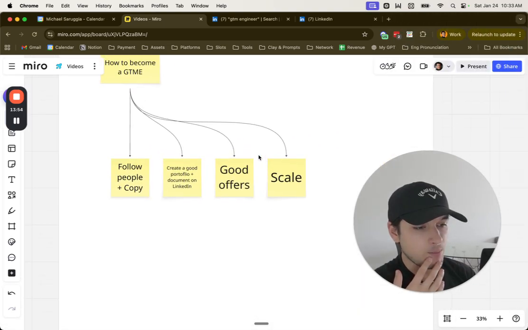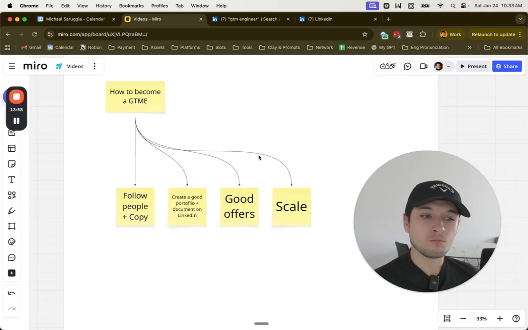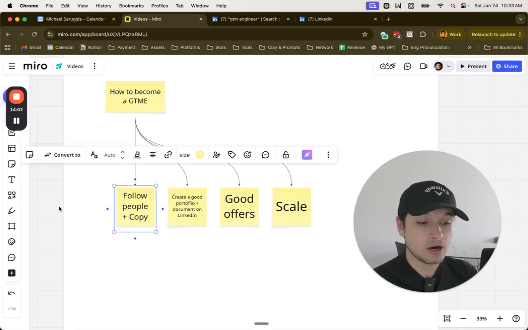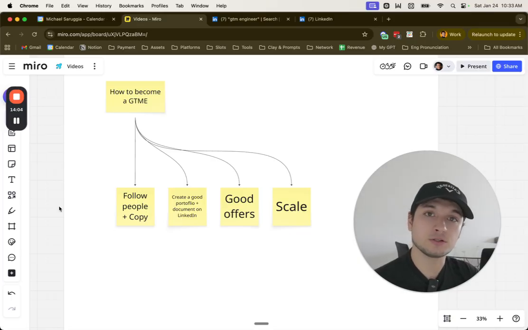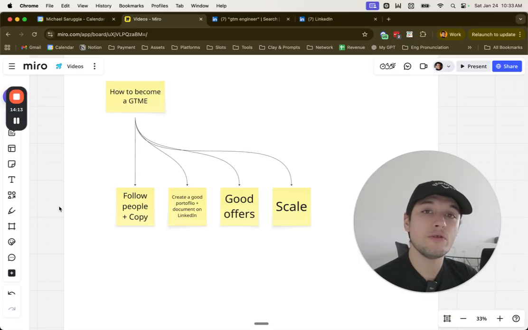How to become a go-to-market engineer? First, what I just said, start doing things in practice. Buy a Clay account, copy the things. You have to do the things.